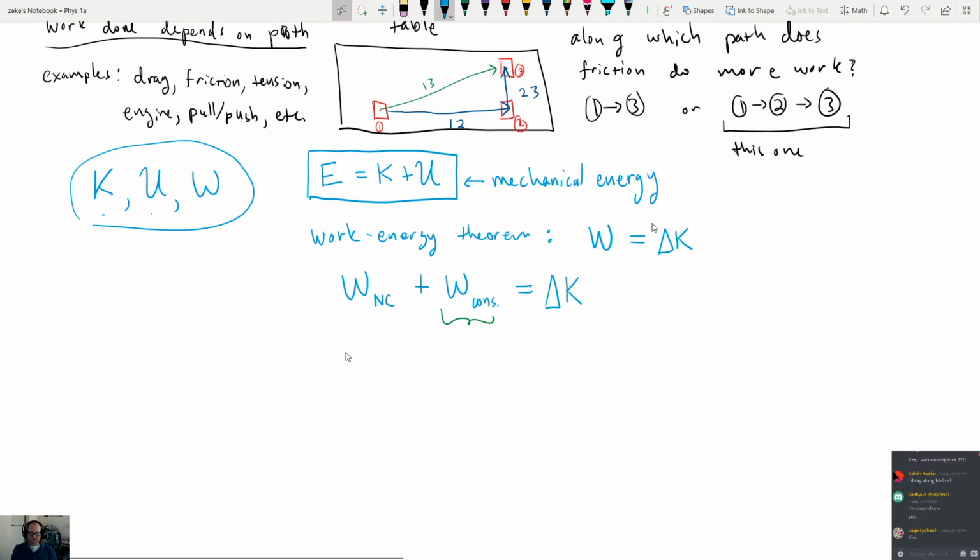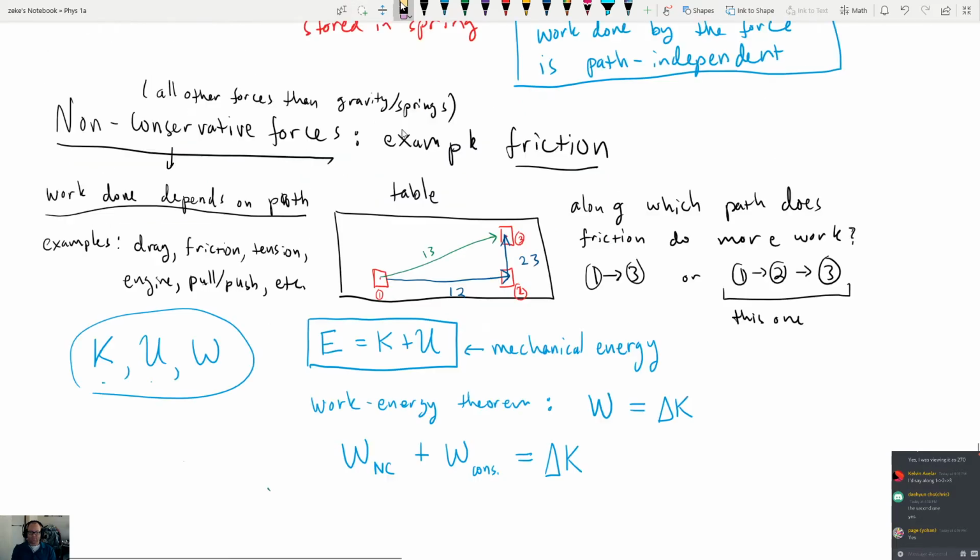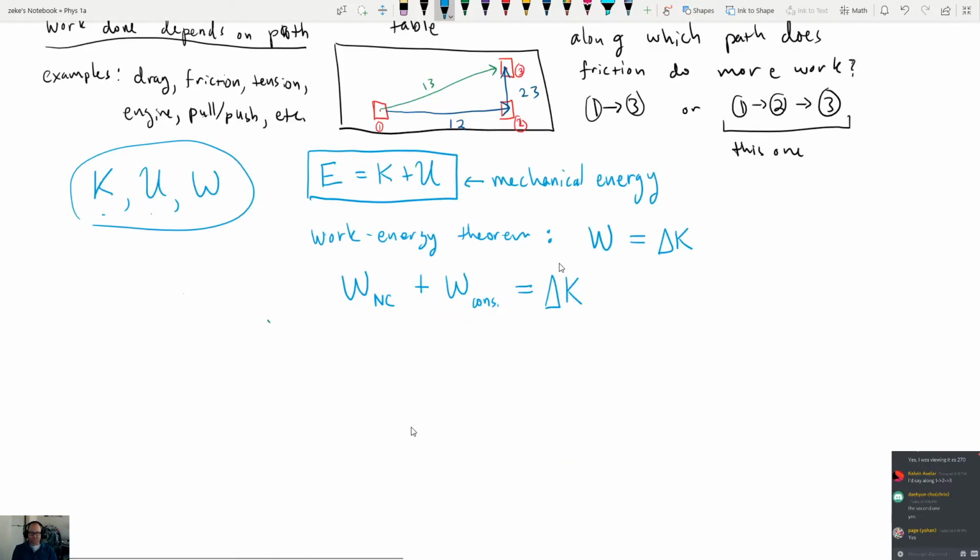We can't replace the work done by non-conservative forces. We leave that one there. But for the work done by conservative forces, we're just going to use this relationship. The work done by any conservative force is always equal to the negative of the change in potential energy for that force. So we replace the work done by conservative forces here with the negative of the change in potential energy.